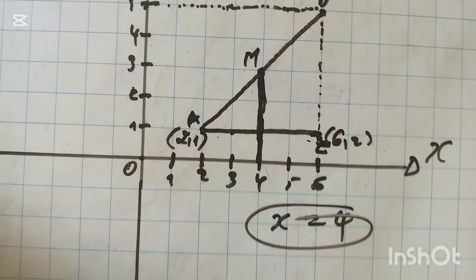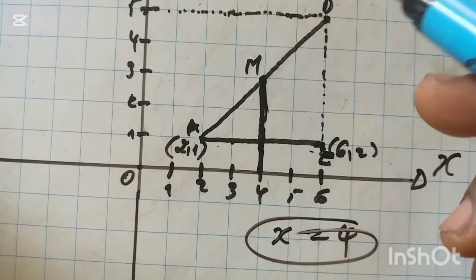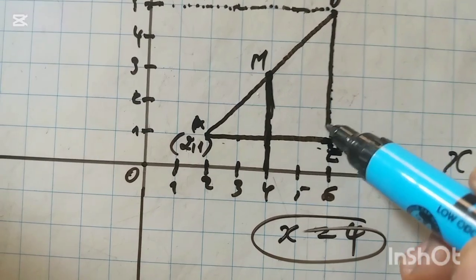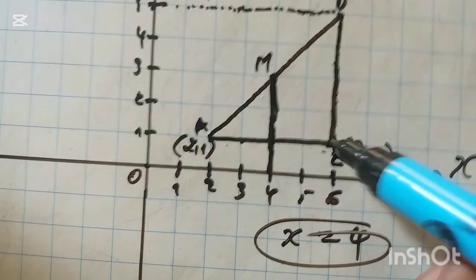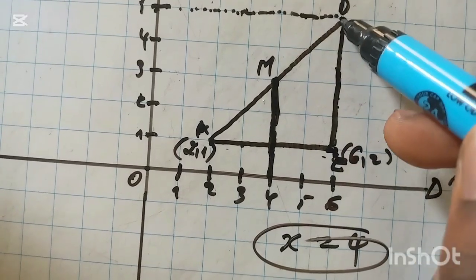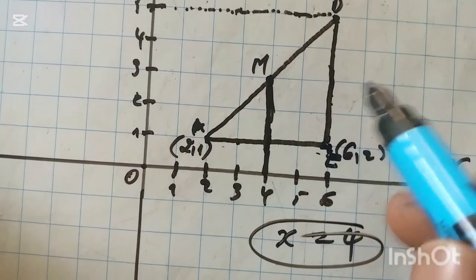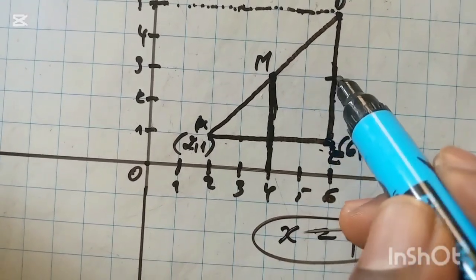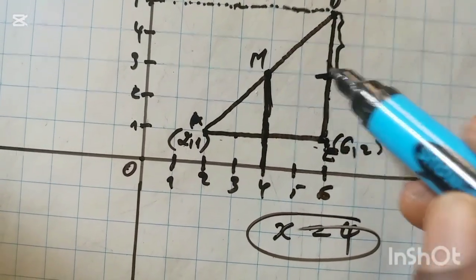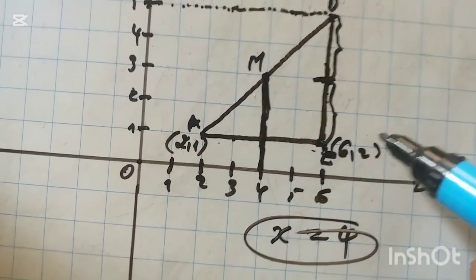By considering this, look at my M. Even by considering the y-axis, I have the distance from E to D. Now its midpoint is here. I have the middle here. This one is equal to this one.